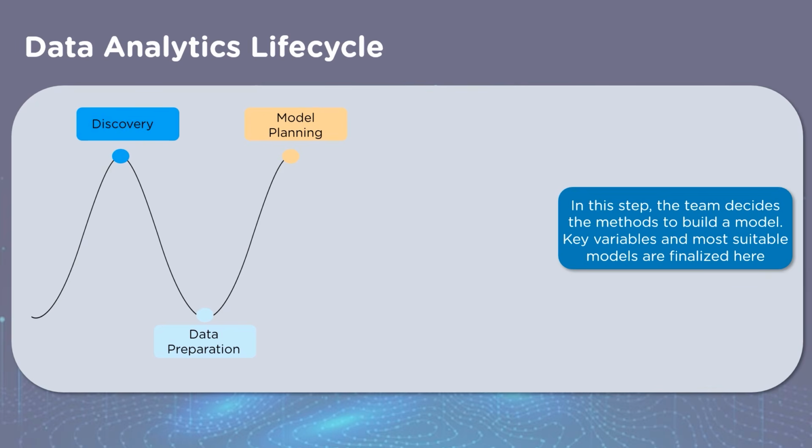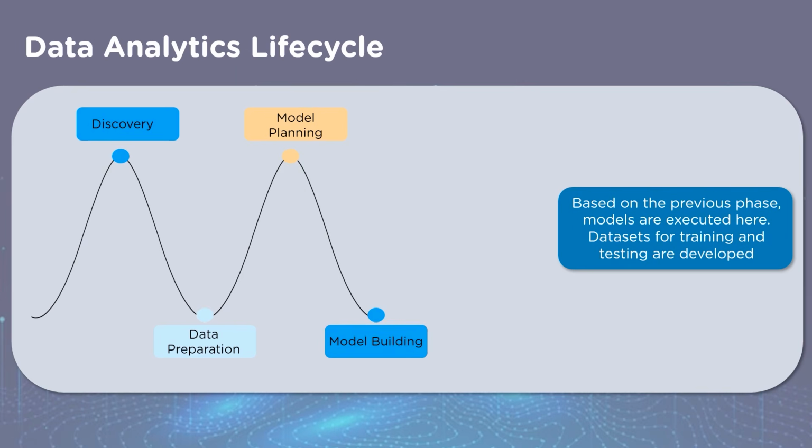And out of these 5 models, they will filter down and they will prioritize only 3 models. Now there are only 3 models that Mark and his team have finalized. After this, they start focusing on model building activity.